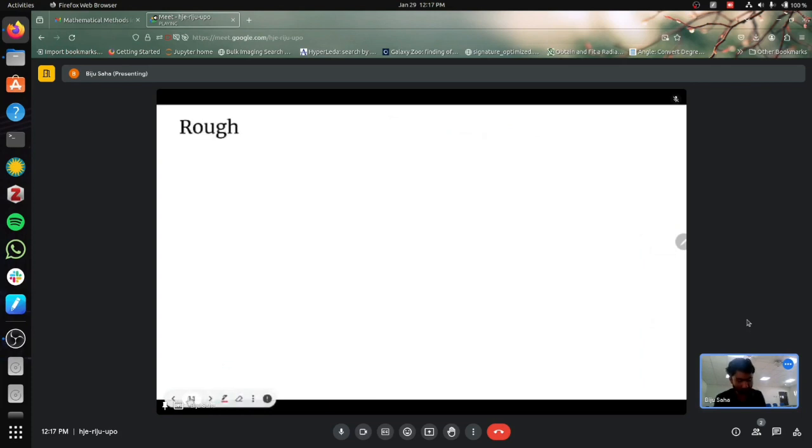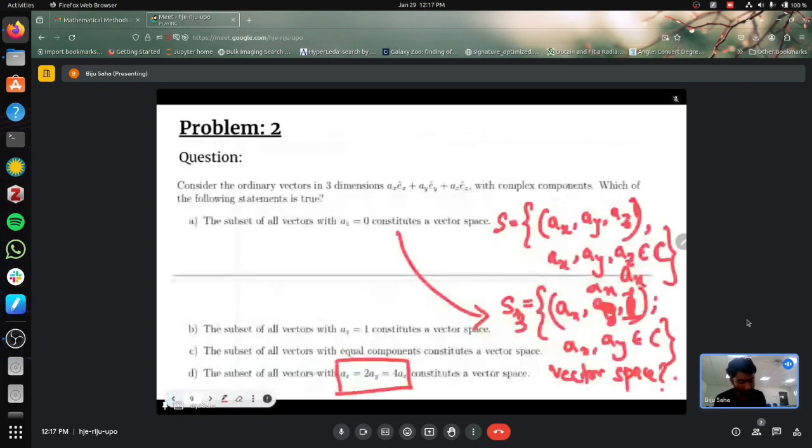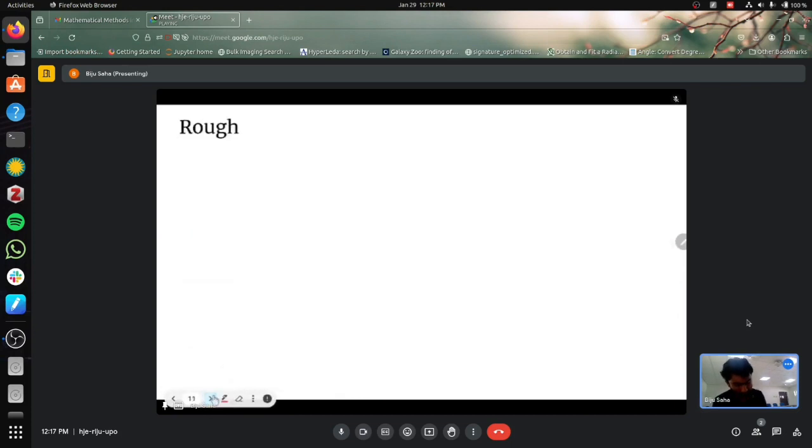Yeah. So right now, what we are focusing on is to form a set with these elements and check whether the set forms a vector space or not. So let us go about it. First of all, let us write the vectors.